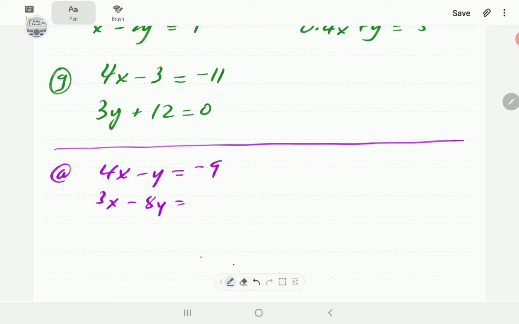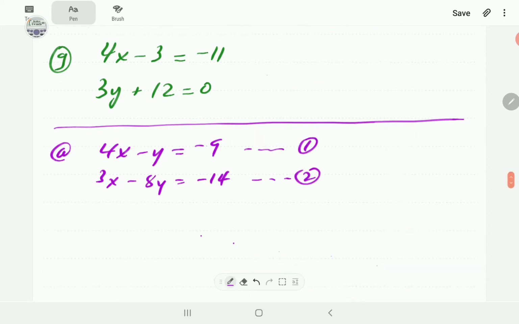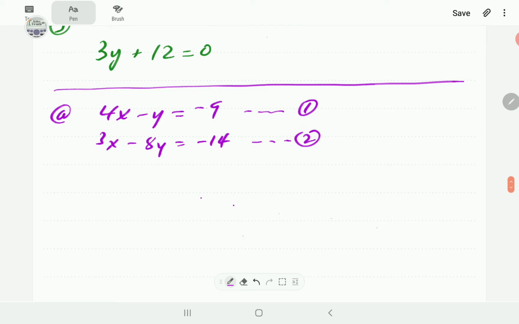Now, in order for us to determine if the straight lines are parallel, perpendicular, or oblique, we need to find their gradient. So let's label this equation 1 and this one equation 2.